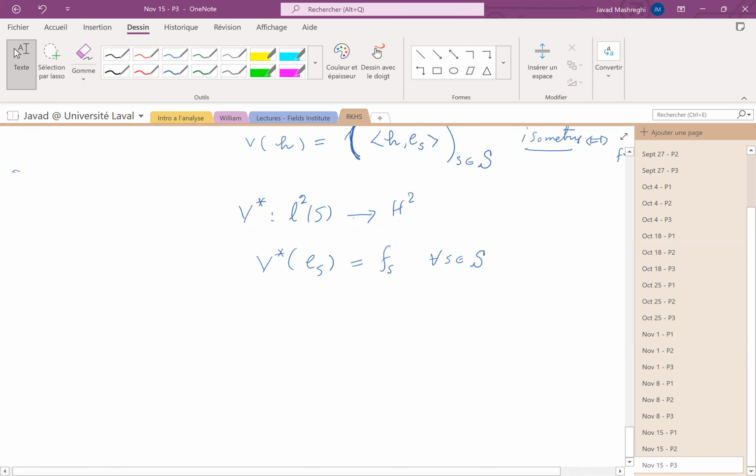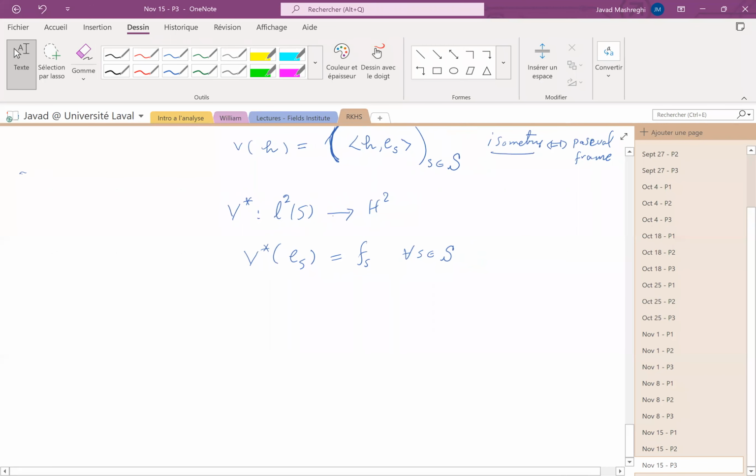And again, another thing which is hidden behind the words, if you look carefully, L2 independent is precisely the same thing as V star being injective.